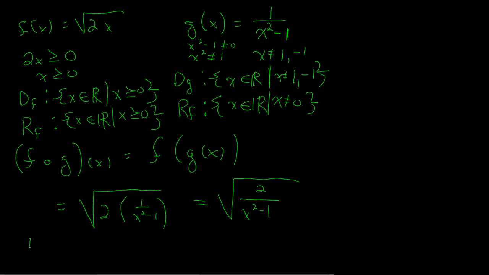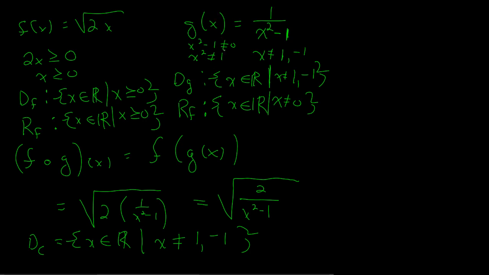So my domain of my composition, x is going to be all real numbers, but it can't be 1, negative 1. But it can still be 0. Because the domain of g, I was saying it backwards, the domain of g is driving this.